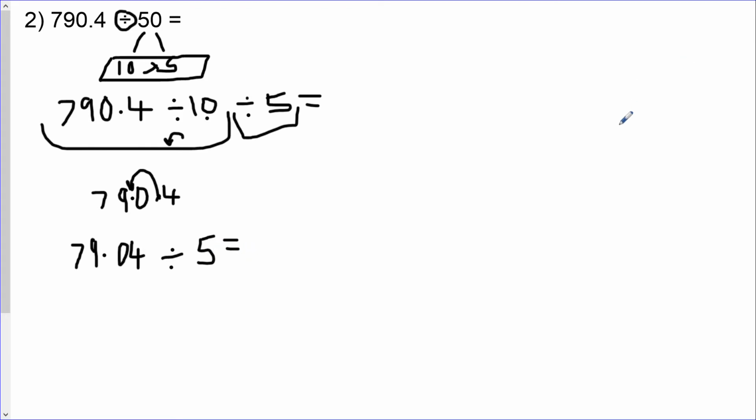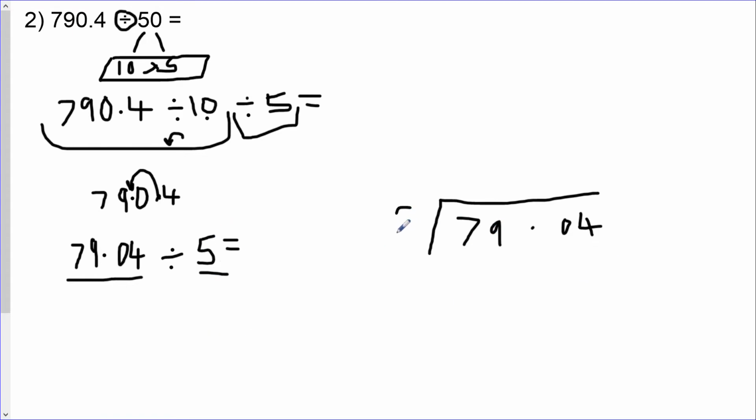Again, for this type of question, we would be using our bus stop, and we remember our saying, I hope you can start to remember it, inside out. So inside the bus stop, keeping nice and dry, is our first number, 79.04, and on the outside is our second number, the number 5.